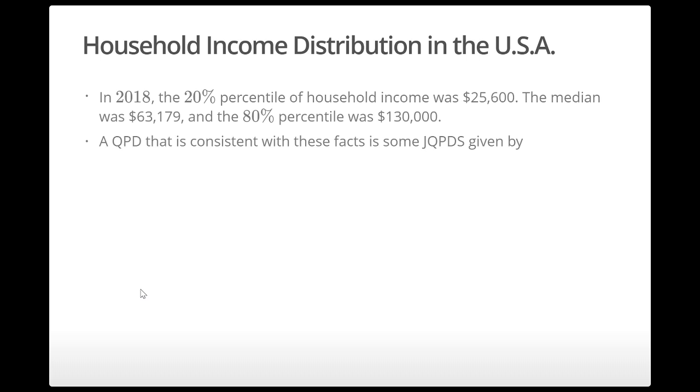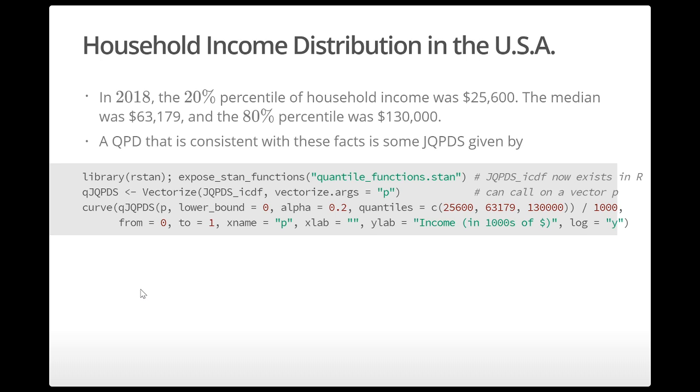But a quantile parameterized distribution that would be consistent with the above facts is given in the same paper, the Johnson quantile parameterized distribution of a semi-bounded random variable, so it ends with S rather than B. And we can do that in much the same way, compile those quantile functions that I wrote for you, call the vectorized function, so that this is easily callable on R with a vector of cumulative probabilities, and then we call this.